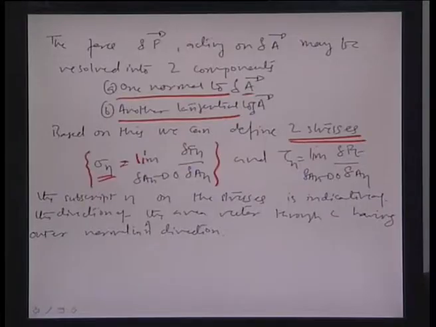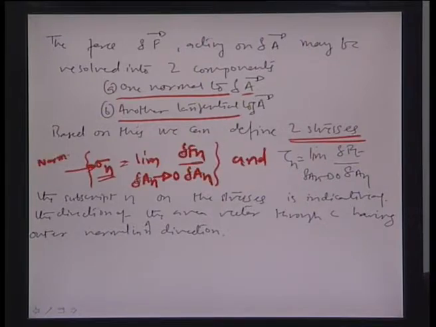So, based on this we can define the two different stresses, as one in the direction of the normal vector, which is also represented as sigma n, or the normal stress or the principal stress, and it can be defined as the limit of the area element delta A n approaching 0, delta F n, which is the normal component of the force vector delta F, by delta A n. So, this is called the principal stress or the normal stress.